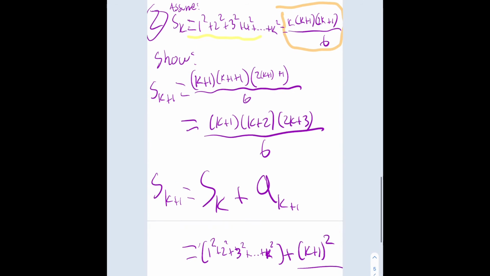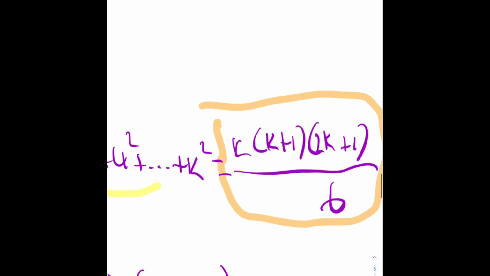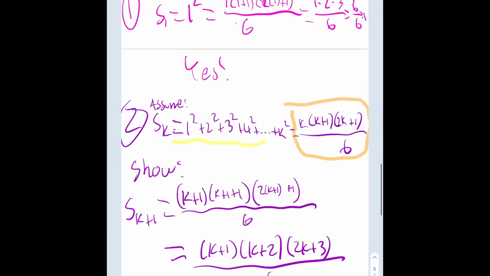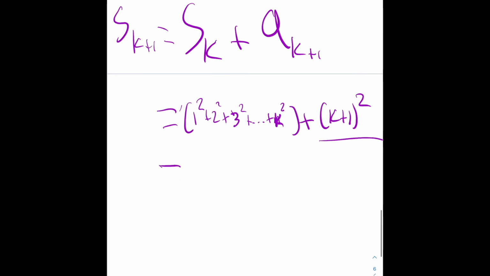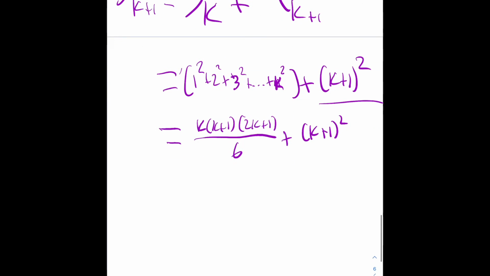I already know that this is true because we assumed it to be true. So I'm going to plug in this orange section for my first section and say k times k plus 1 times 2k plus 1 over 6, plus k plus 1 squared. I'm just multiplying through.